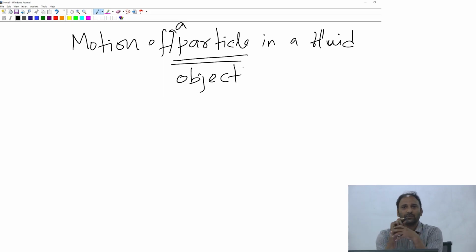Can you think of examples where you come across motion of objects in a fluid? I'm sure all of you know. Some examples: let's say a submarine in, say, the sea. It's moving underwater.